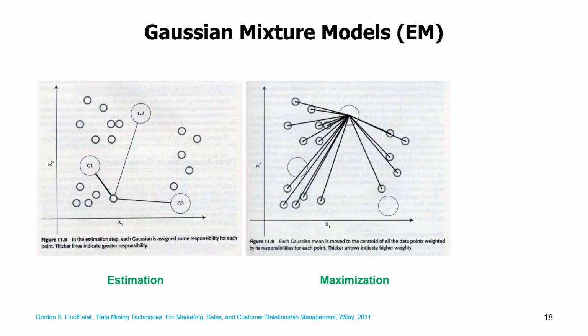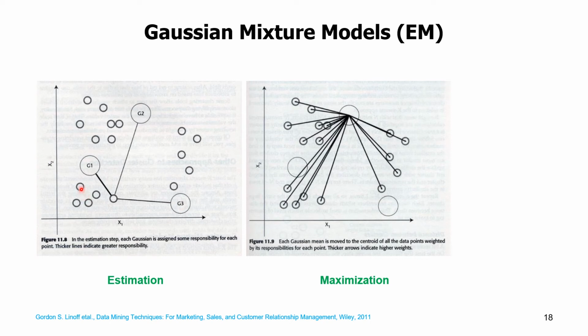This picture shows the two steps in the EM algorithm. G1, G2, G3 are the means of the Gaussians. In the beginning, these are random values, and these are the data. So in the beginning, we assume these are the means of the Gaussian distributions.